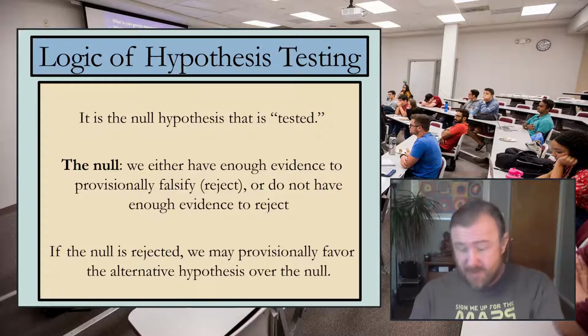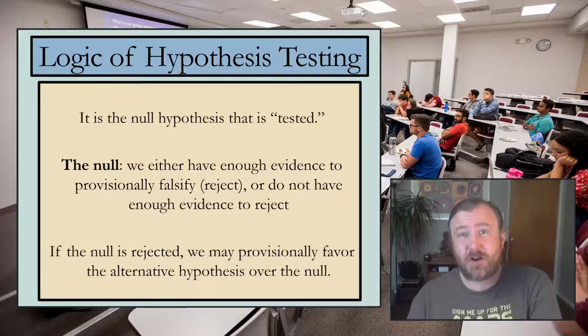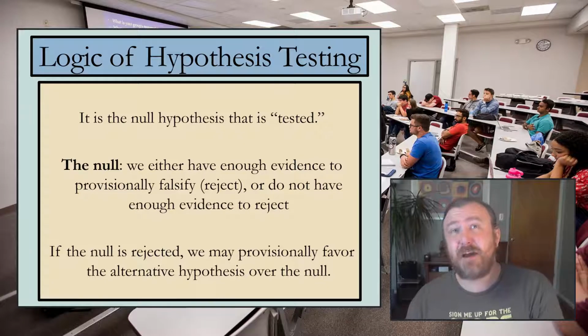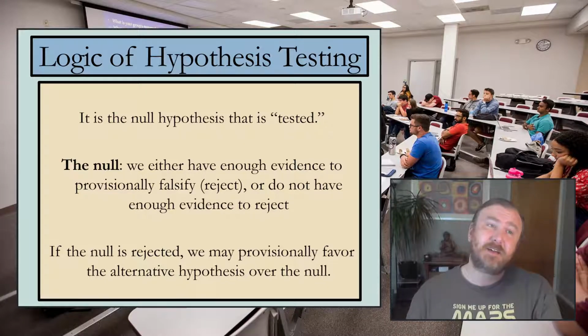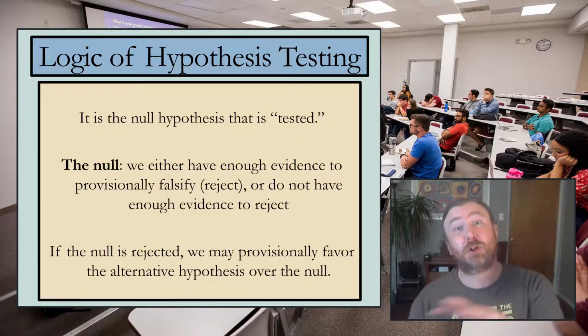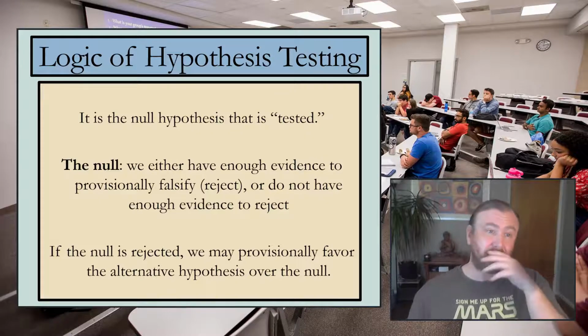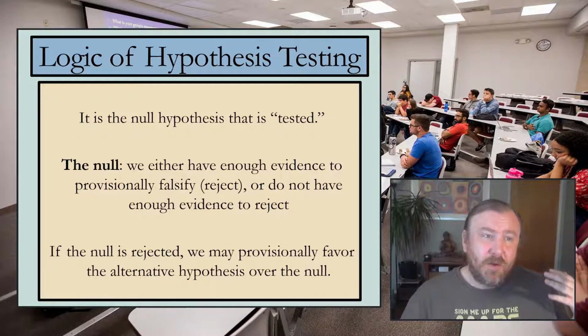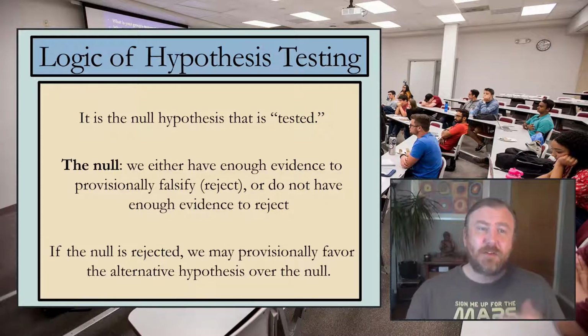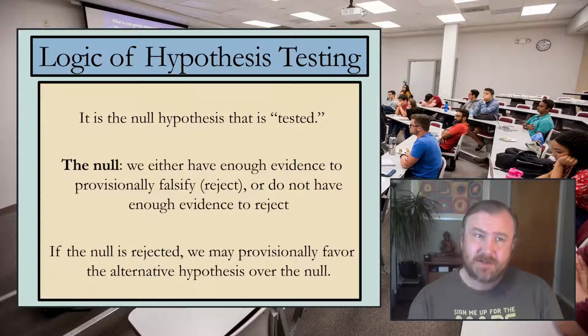And that evidence being that 95% of the time this would not occur by chance. Or another way of saying it is 95% of the time that our sample is different from them, and they don't really belong to the population of people who didn't get treatment. And so the null, we either have enough evidence to falsify it or we don't.